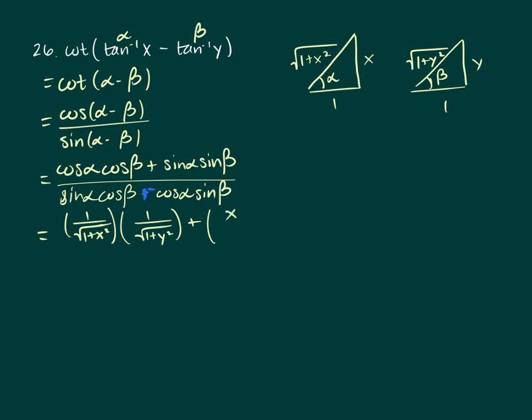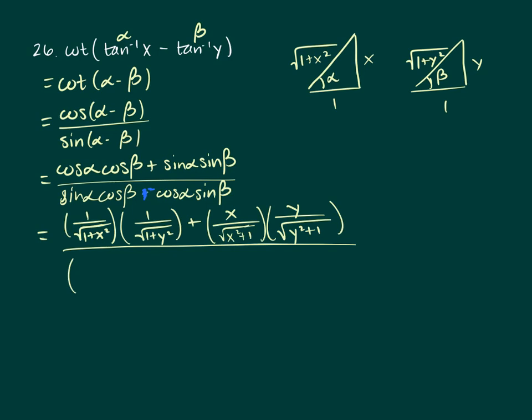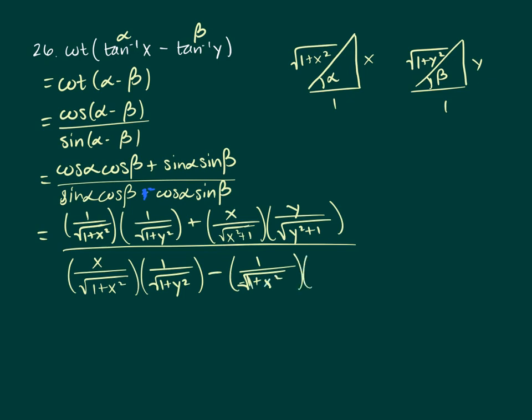Plus sine of alpha is x over square root x squared plus 1 times sine of beta, which is y over square root y squared plus 1, all over sine of alpha is x over square root 1 plus x squared times cosine of beta is 1 over square root 1 plus y squared minus cosine of alpha is 1 over square root of 1 plus x squared, and sine of beta is y over square root 1 plus y squared.